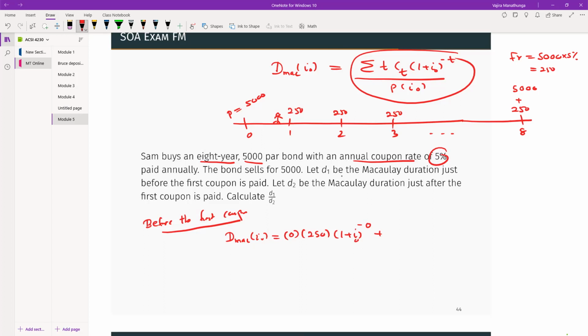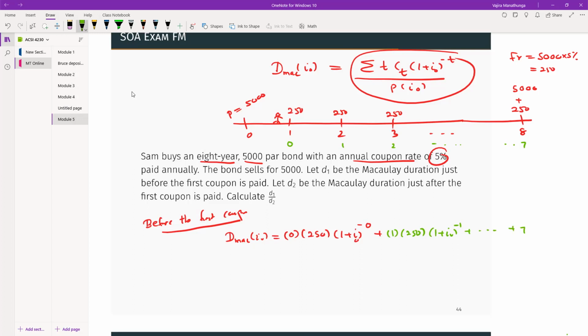Plus then, for that person, the timeline would be 0, 1, 2, all the way up to 7. So this one would be 1 times 250 times (1 plus i naught) to the negative 1, and so forth.